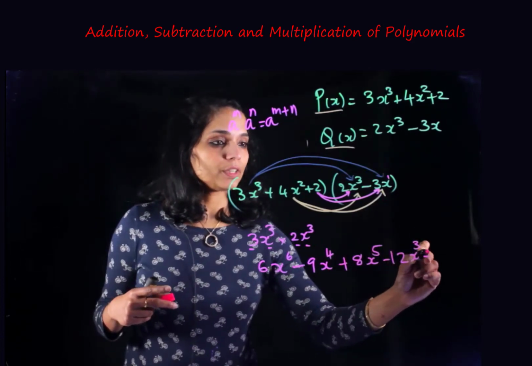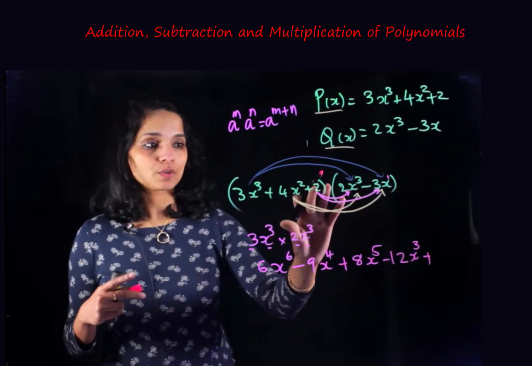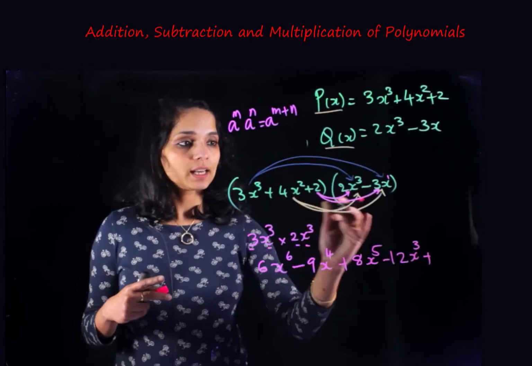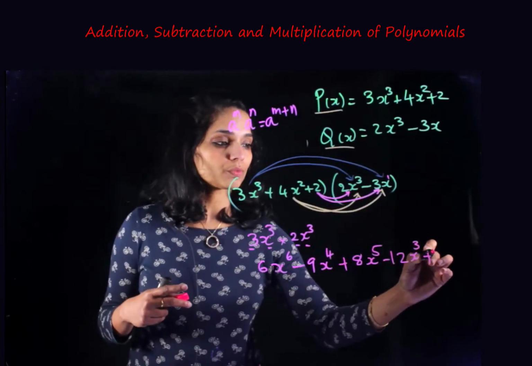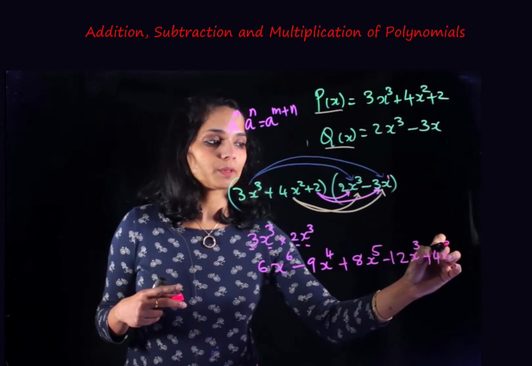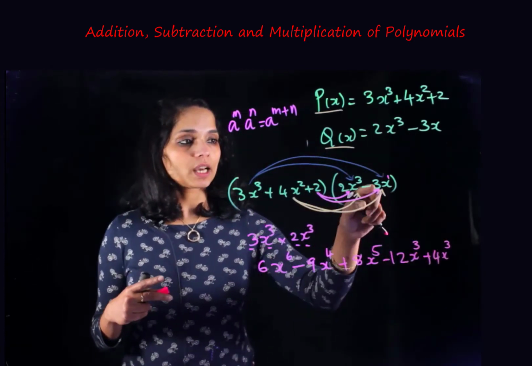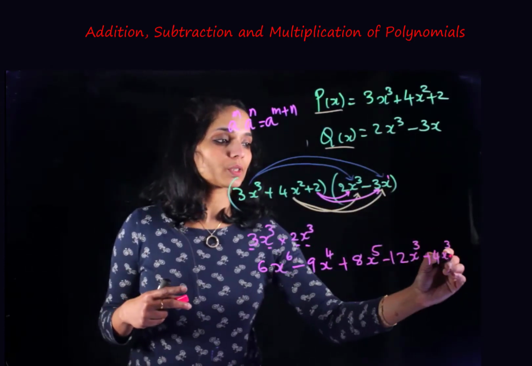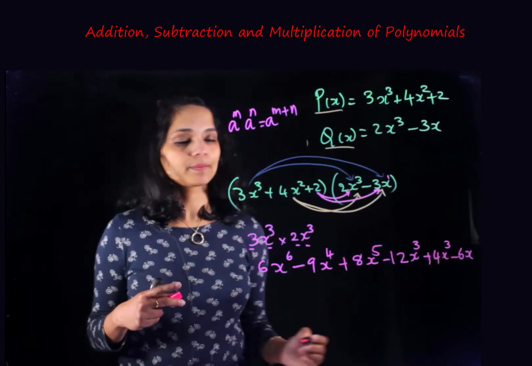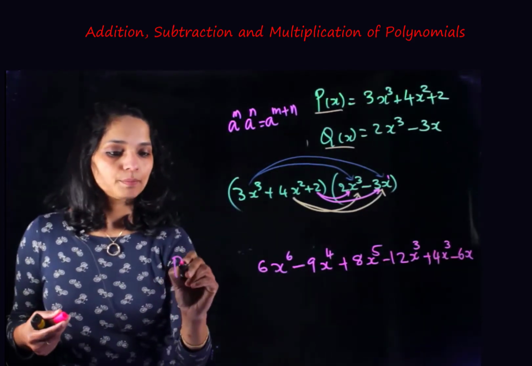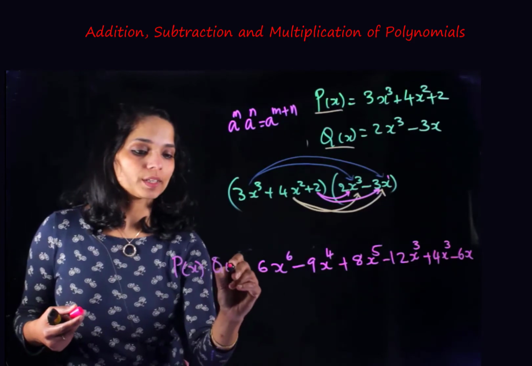And finally we need to do the multiplication with the last term in the first bracket. 2 times 2x³ is 4x³, and 2 times minus 3x is minus 6x.